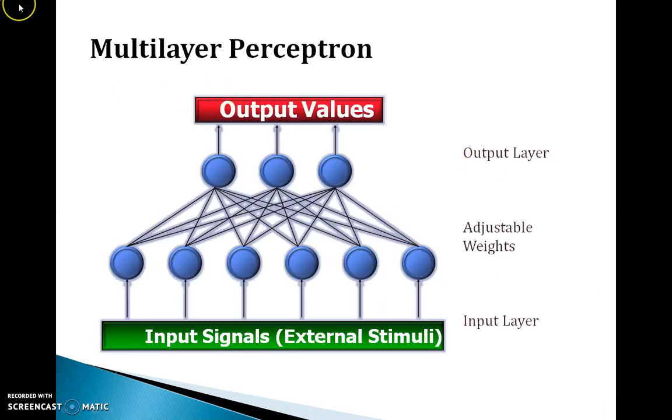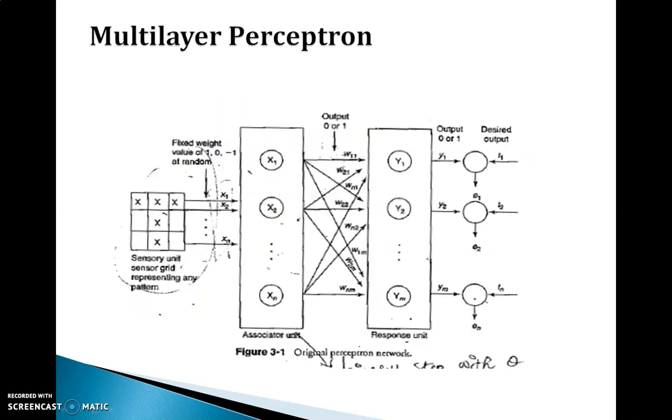This is a multi-layer perceptron. Instead of only one output, suppose we want multiple perceptron outputs. We have a set of input signals, that's the input layer, adjustable weights, and an output layer where we get the output values. So this is a 3x3 matrix. From that we get the sample 1, 1, 1, 0, 1, 0, 0, 1, 0.